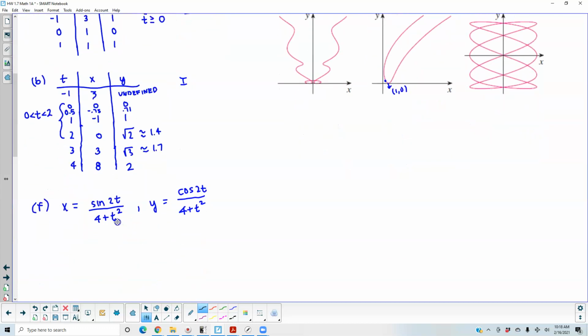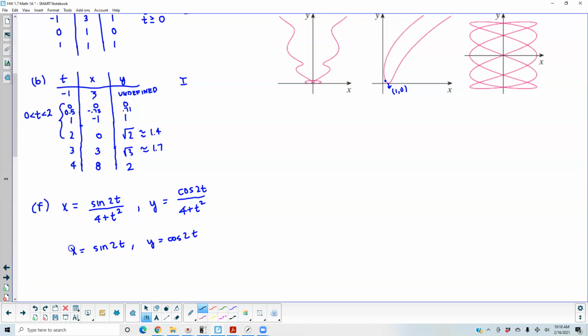Now imagine if we eliminated the 4 plus t squared in the denominator. Then we would end up with x equal to the sine of 2t, and y equal to the cosine of 2t.